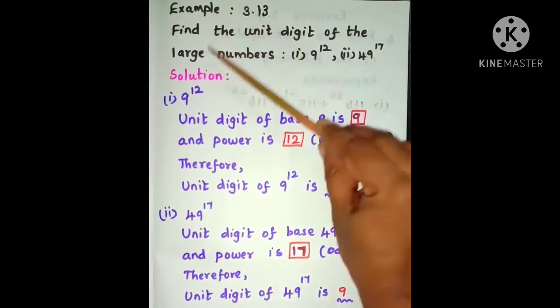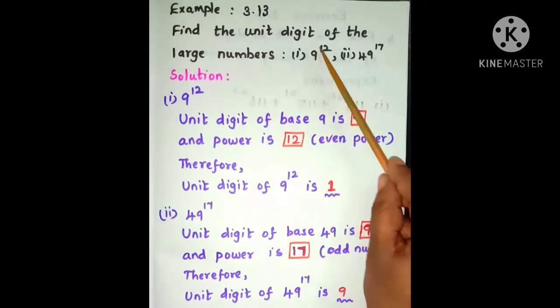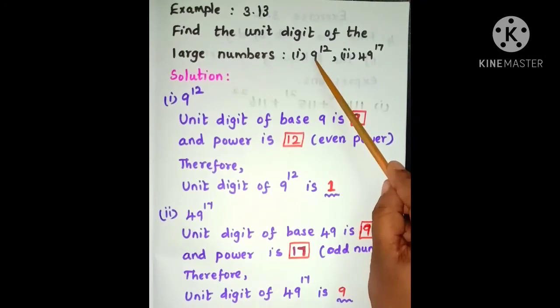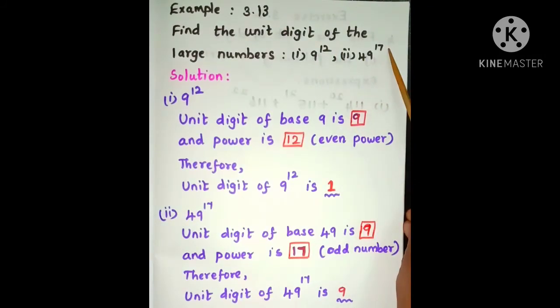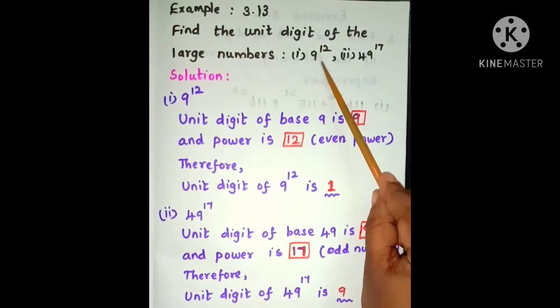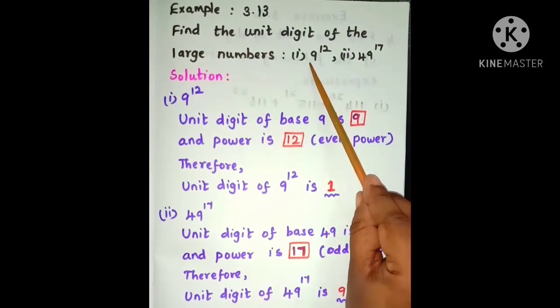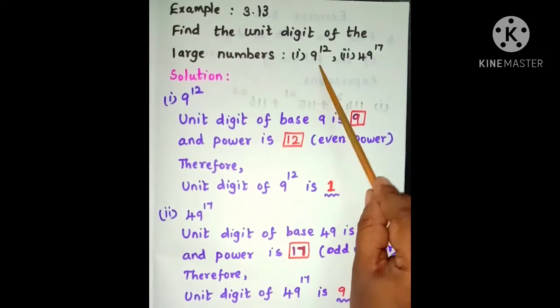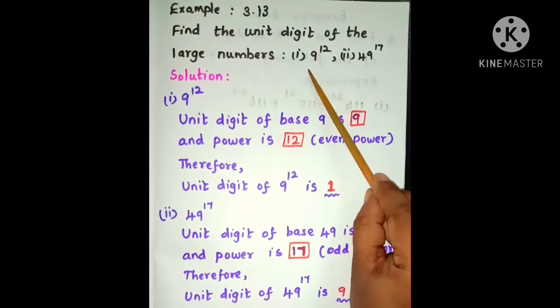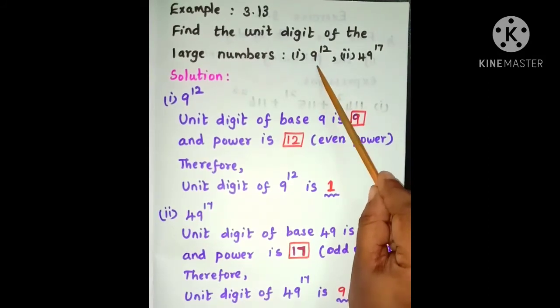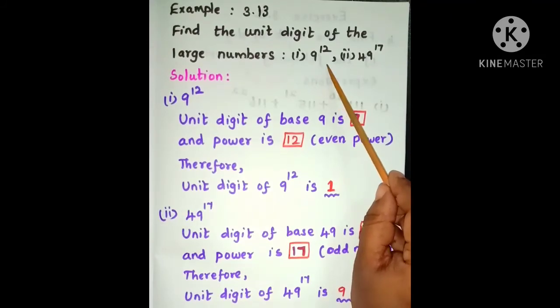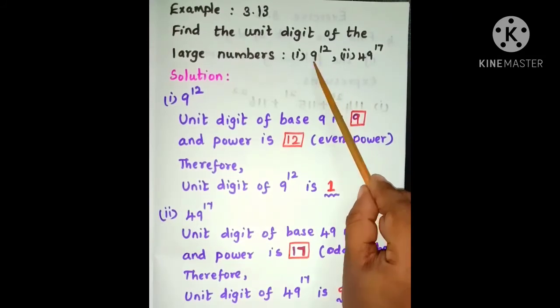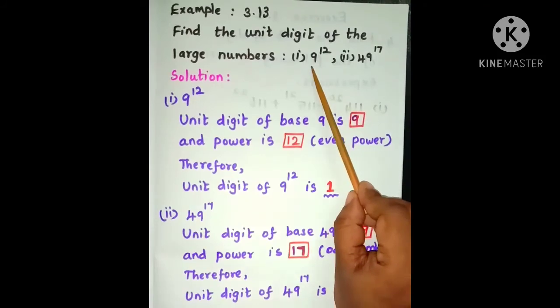Example 3.13. Find the unit digit of the large numbers 9 to the power 12 and 49 to the power of 17. Here we have to find the unit digit of the large numbers after expansion. Okay. So we know how to find the unit digit of the expansion. We have to note what the base is.